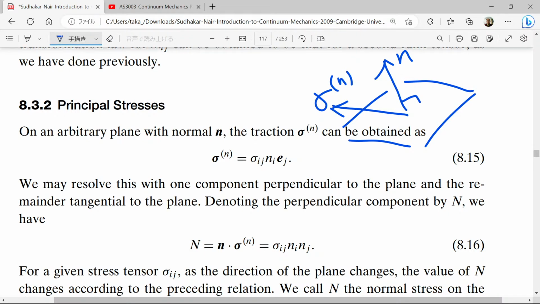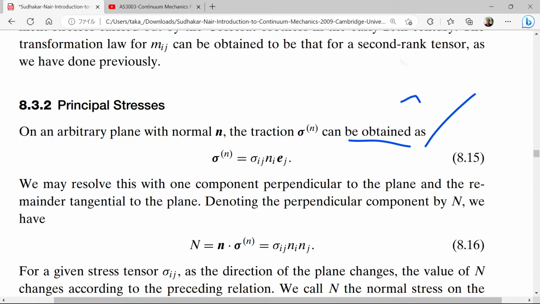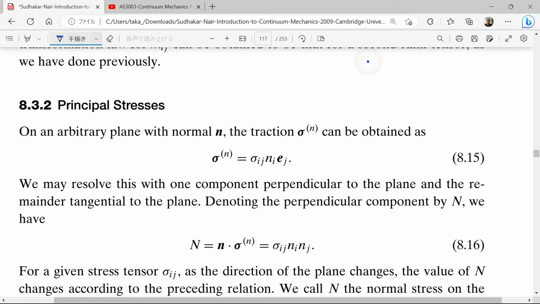See, we can consider this this way, right? As we did before. So this triangle part, you have some normal, then you have sigma, right?